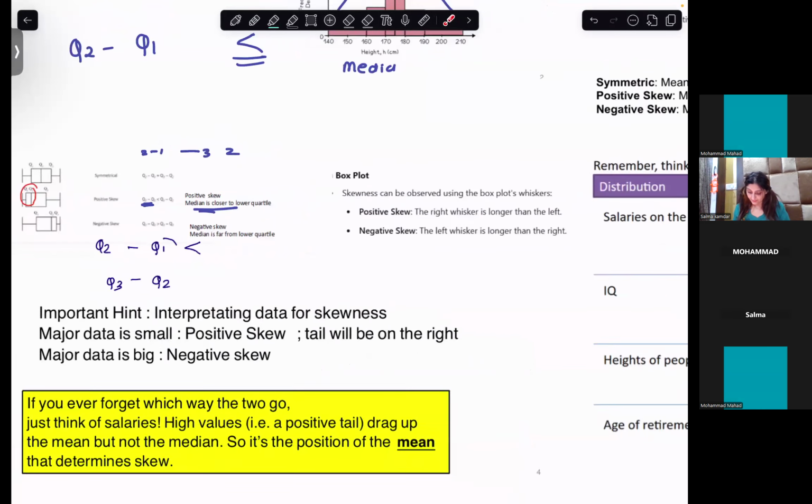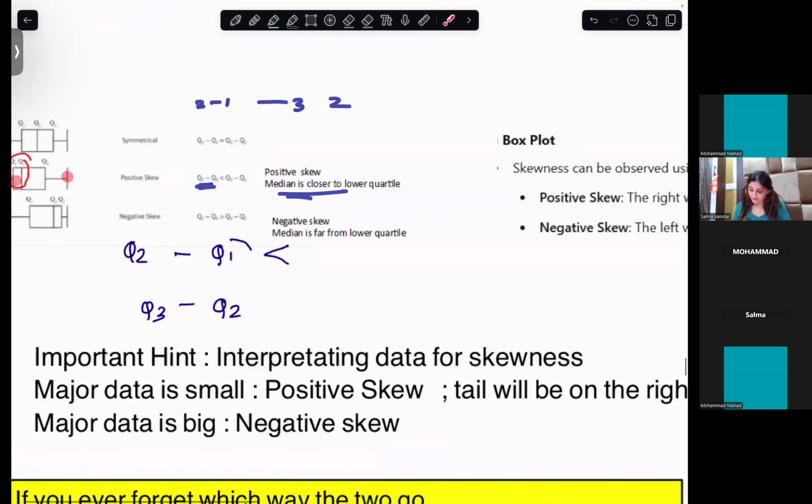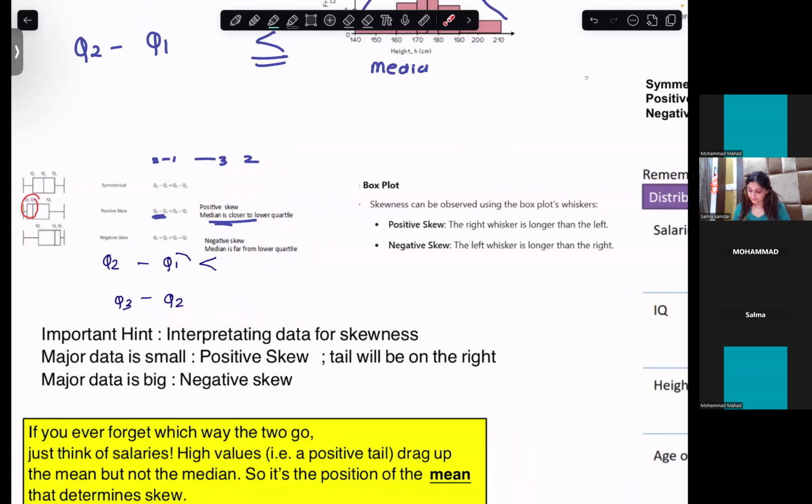There is another way also, when you look at the box and whisker plot. You can see that if it's symmetrically distributed, both whiskers are of equal length. But if the left side whisker is shorter than the right side, it's positively skewed.